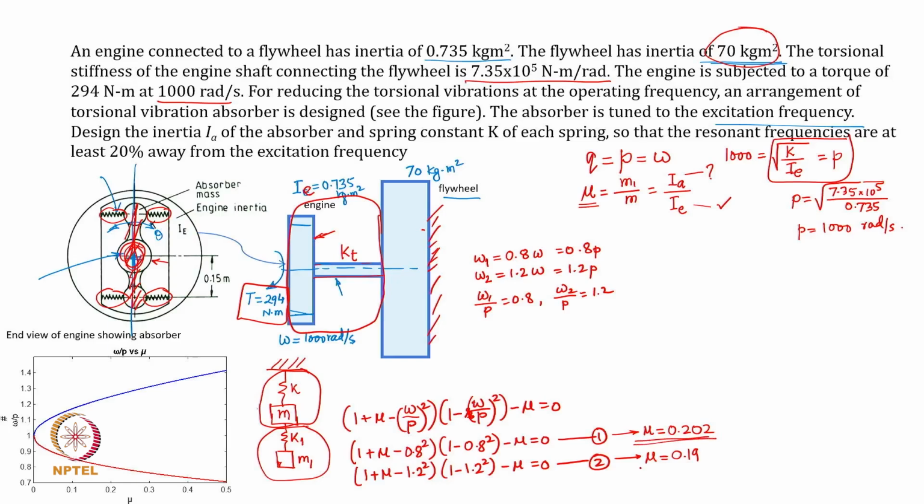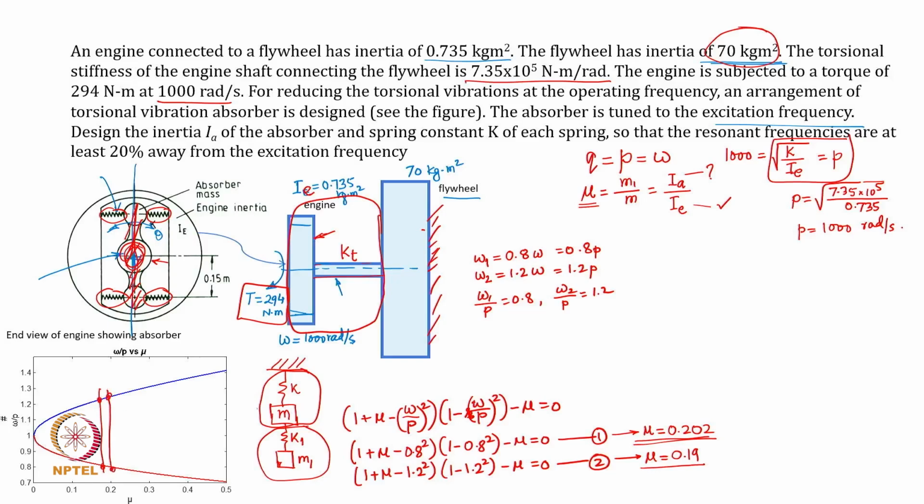Why? Because the smaller one, 0.19, would give you these two different values of the two natural frequencies, and 0.2 will give you a little wider one.